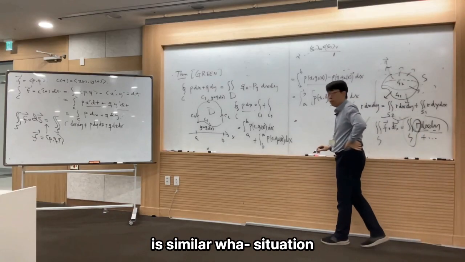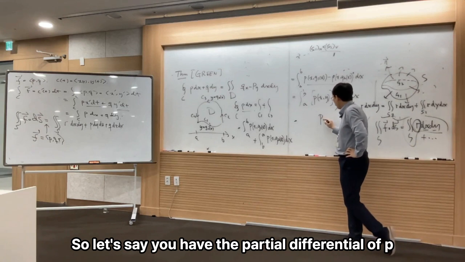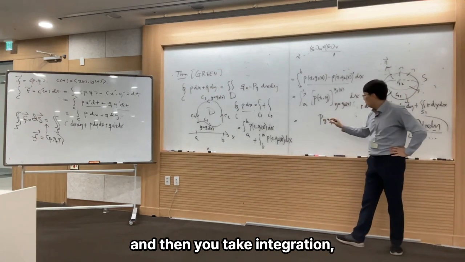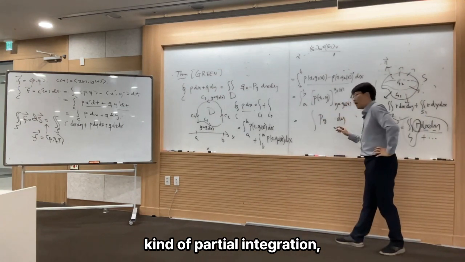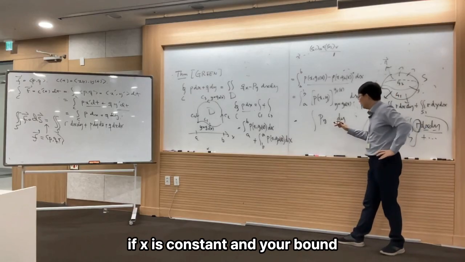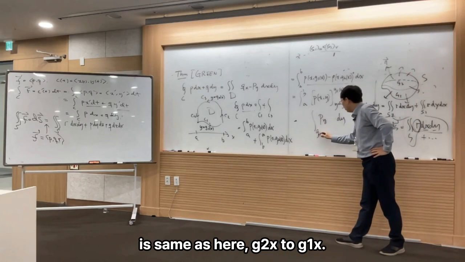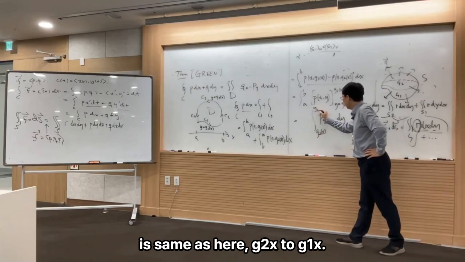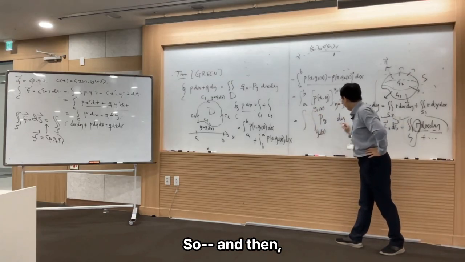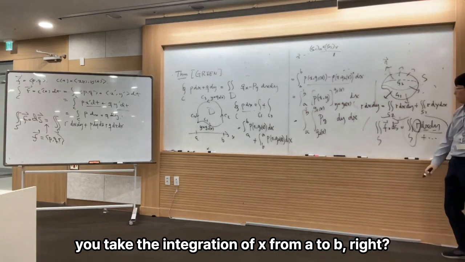This is a similar situation to the Fubini theorem. So let's say you have the partial derivative of P, and then you take a partial integration in terms of y as if x is constant, and your bound is the same as here, g2(x) to g1(x). And then you take the integration of x from a to b.